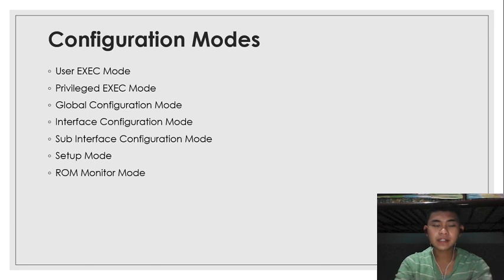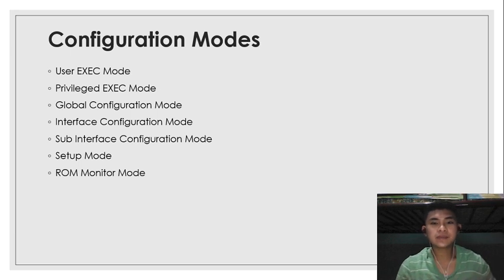Here we have our configuration modes, which are the user exec mode, the privilege mode, global configuration mode, interface configuration mode, sub-interface configuration mode, setup mode, and lastly the ROM monitor mode.